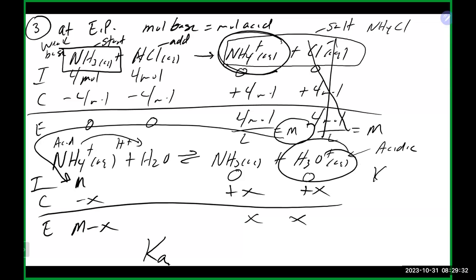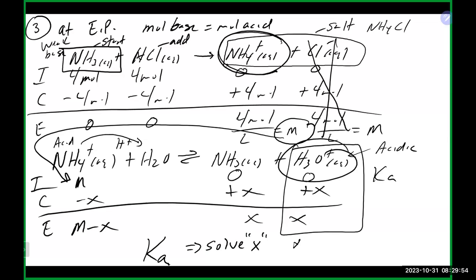We want to make sure that we use a Ka value as we have generated H3O plus. Once again, you're going to probably have the Kb value given to you or looked up, so you want to use Kw to switch it out to a Ka. Here we'll go through and solve for X. At this point, as we can see from the table, our X equals the H plus concentration, which means we could then go directly into the pH and get it.